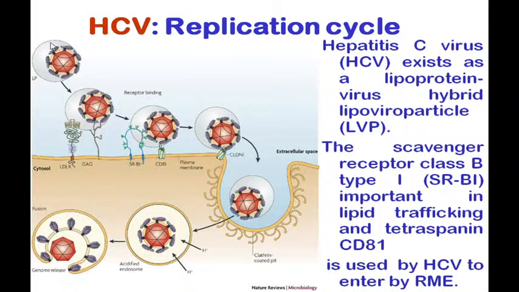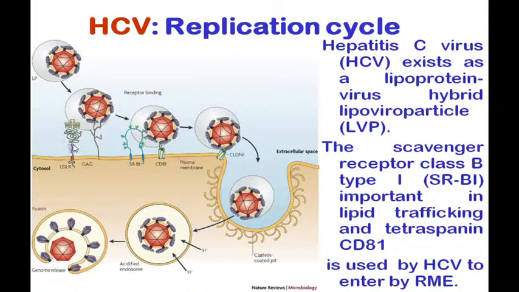That's maybe one of the explanations why this virus is low immunogenic, because it is not really very well recognized, being covered by human low density lipoproteins. Then they form the so-called virion on lipoproteins, so-called hybrid lipoviral particles. These are viral particles covered with lipids.